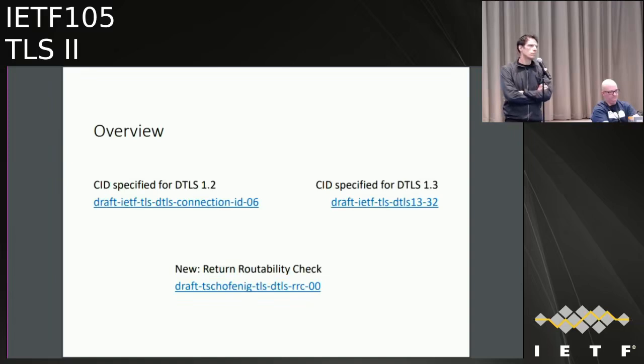So here's what I propose we do, both for technical reasons and also for expedience reasons. I propose that we say in the two drafts, the CID draft and the 1.3 draft, here's the machinery for connection ID, and DTLS shouldn't automatically do any kind of response to this. It should just accept the packets as is and should not adjust the peer address.